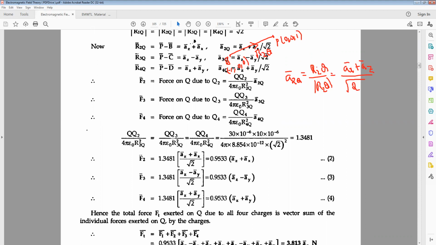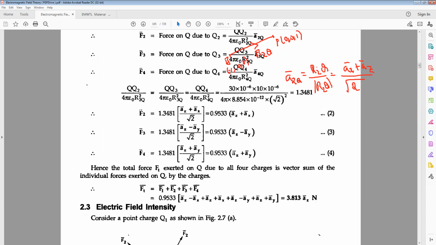Everything you'll get the same values because Q is the same, and Q3, Q4, Q2, and Q1 are also the same. So the magnitude is the same for all the forces, 0.9533, but the directions change: AZ bar and AX bar, AZ bar minus AY bar, and AZ bar plus AY bar.